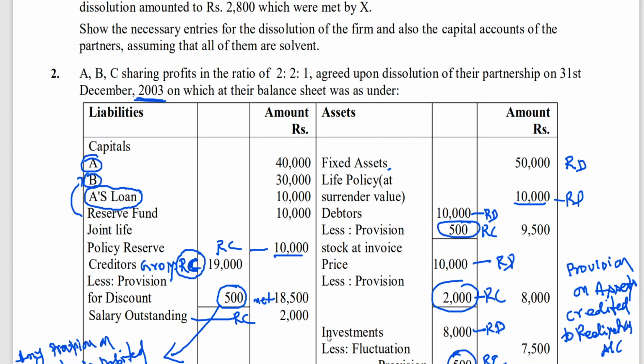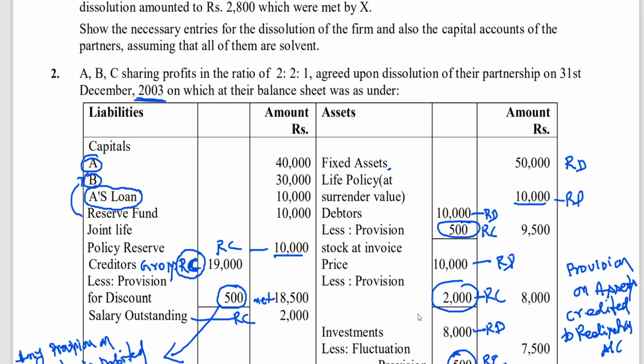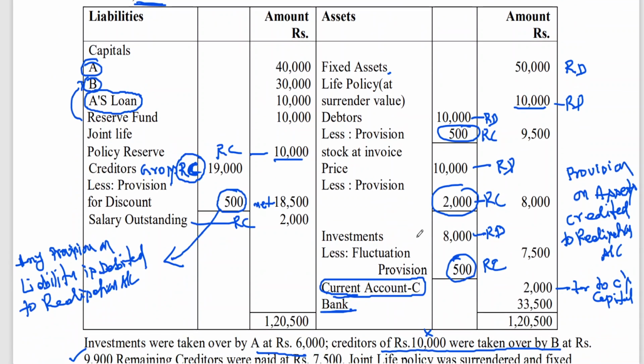Then investments, 8,000. And what is the fluctuation provision? Investment fluctuation provision, 500.